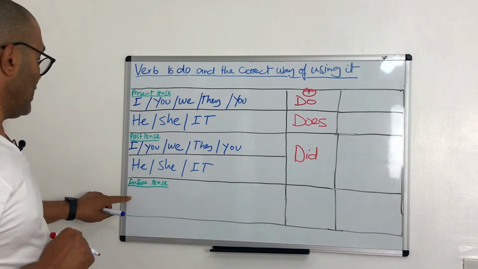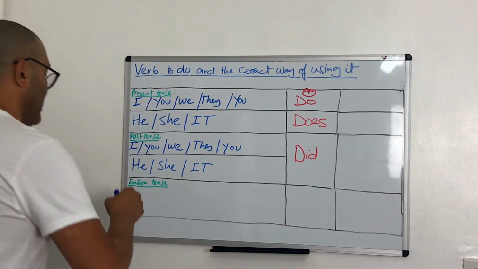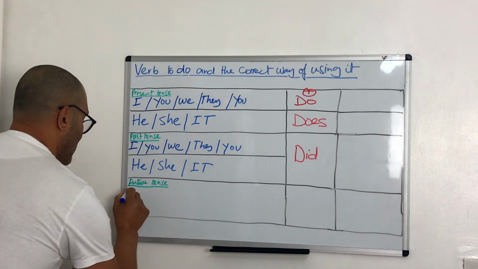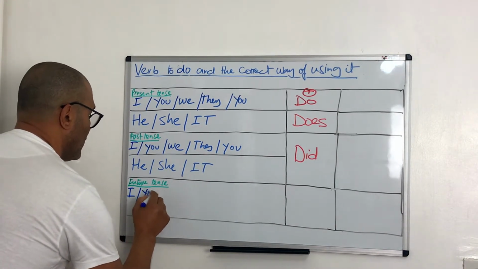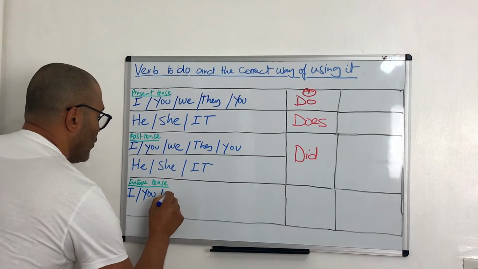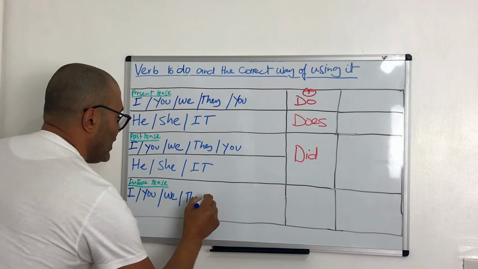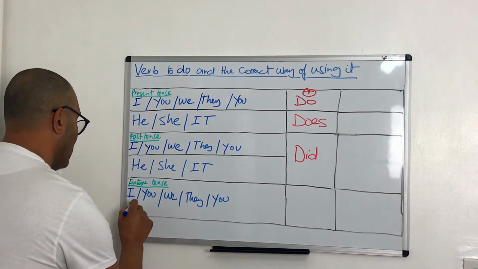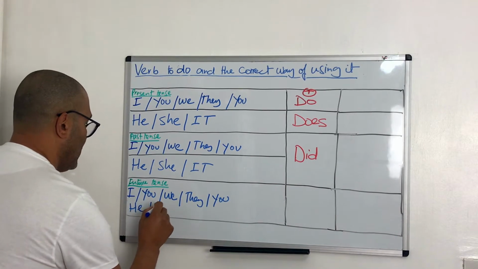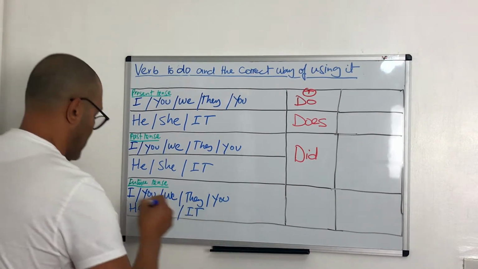Future, we use exactly the same thing again. I, you, we, they, and you, plus he, she, and it.